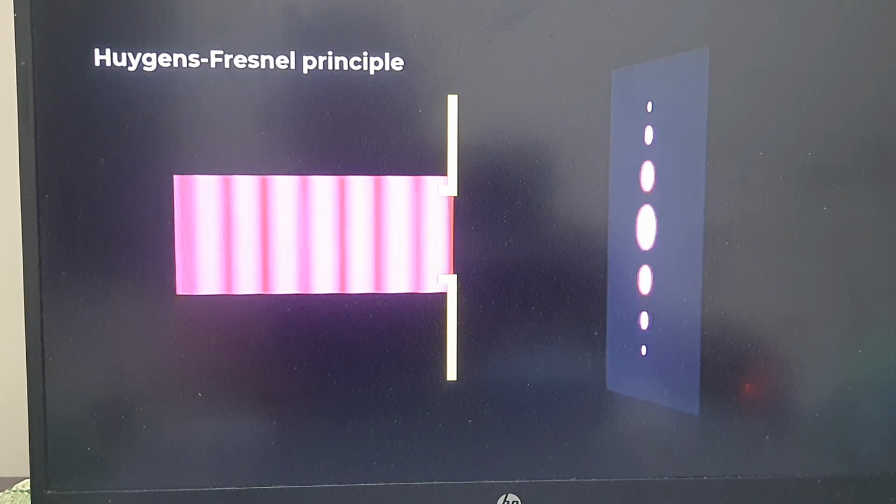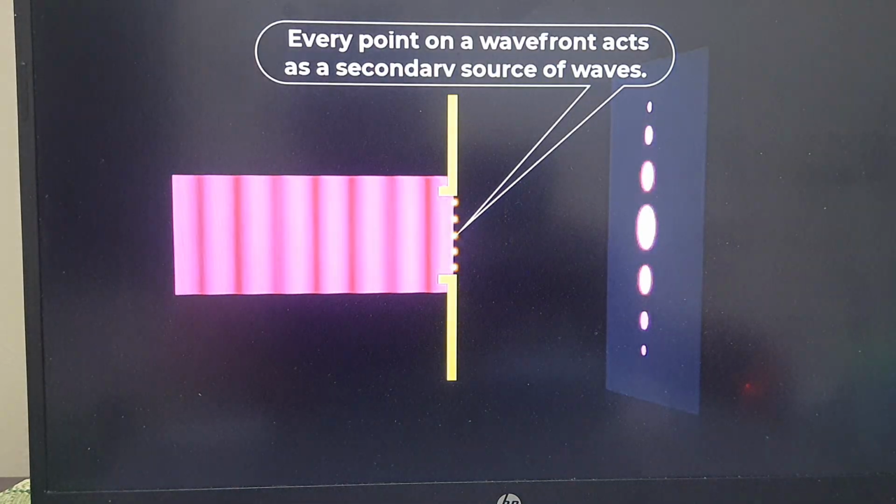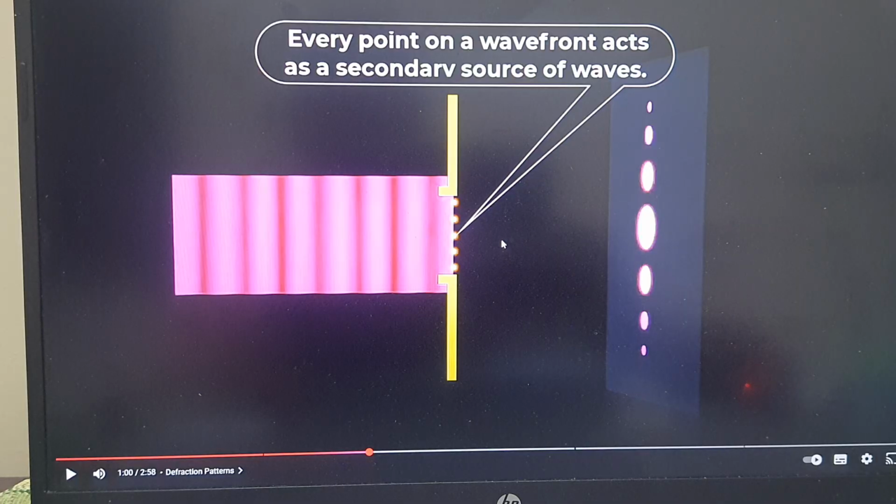According to the Huygens-Fresnel principle, every point on a wavefront acts as a secondary source of waves.